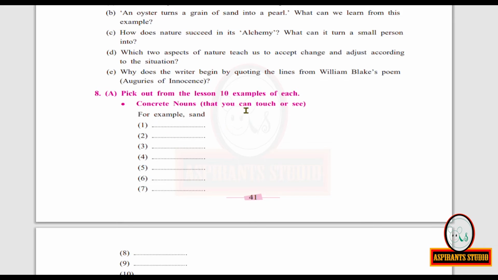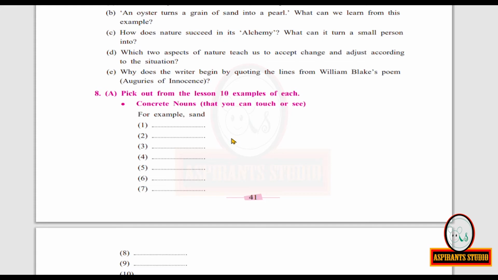Pick out from the lesson 10 examples of each. Concrete nouns that you can touch or see. For example, sand. The nouns that we can touch or see are called concrete nouns. Now we have to pick up 10 nouns from the textbook.